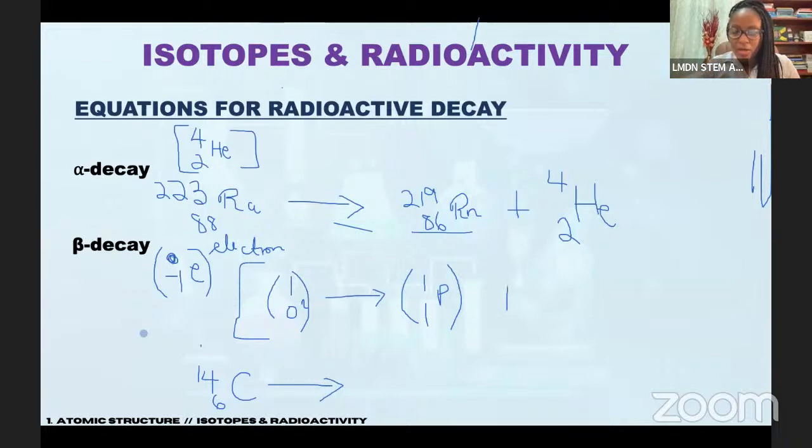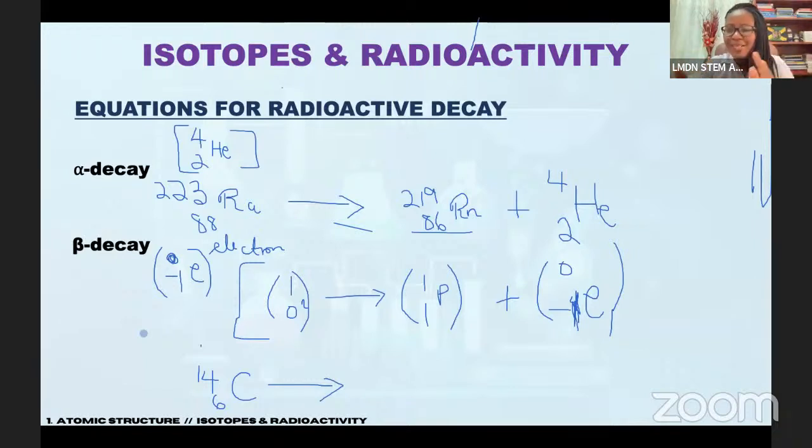And then now we also get an electron. So we are converting a neutron into a proton and an electron. And the electron is what I just wrote here. So that's 0, minus 1. That's minus 1, guys. Okay, this is a 1. This is a 1. Minus 1 e. And that's our symbol for electron, right? And we're getting from our neutron 1 proton, 1 electron.